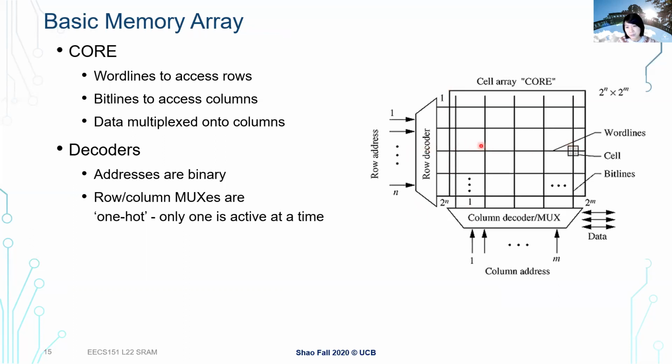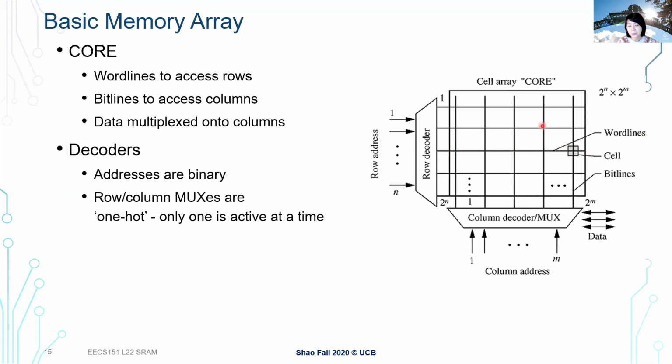It specifies which row we're accessing. And here, this row or the highlighted cell, we'll see how it's connected in a minute. This is called word lines. It specifies which row, which word we are accessing here.